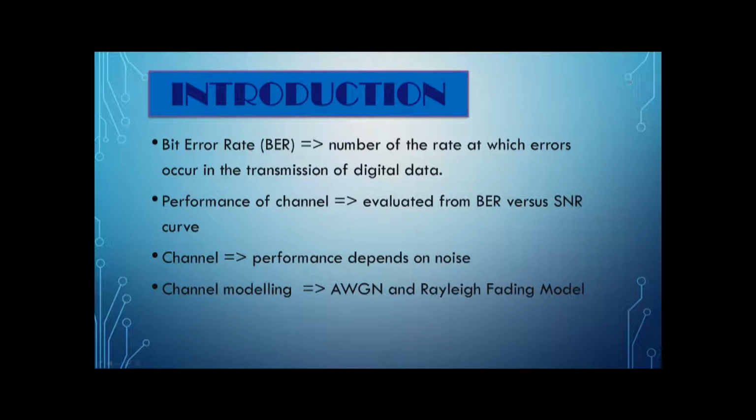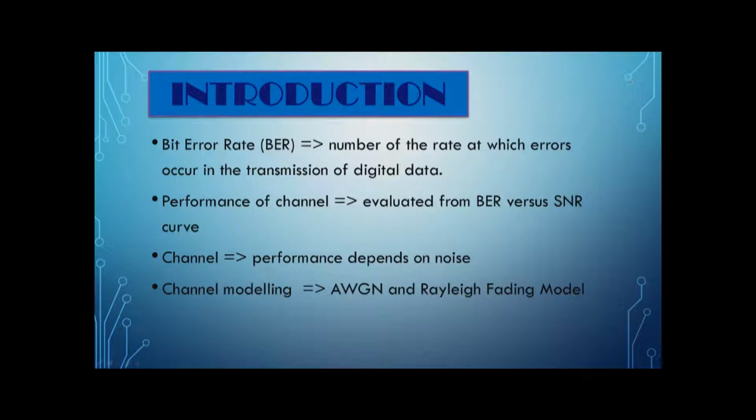We are mainly focusing on two types of channel modelling, which are additive white Gaussian noise, AWGN, and Rayleigh fading models. The AWGN is the model that does not account for the phenomena of fading, frequency selectivity, interference, or nonlinearity.